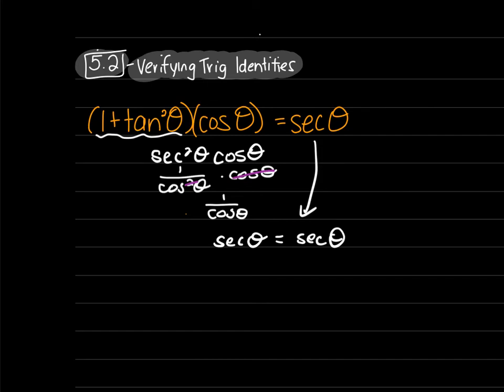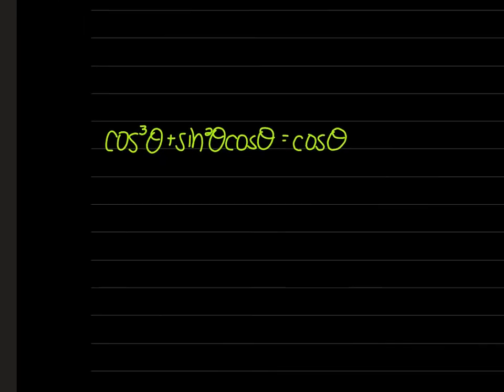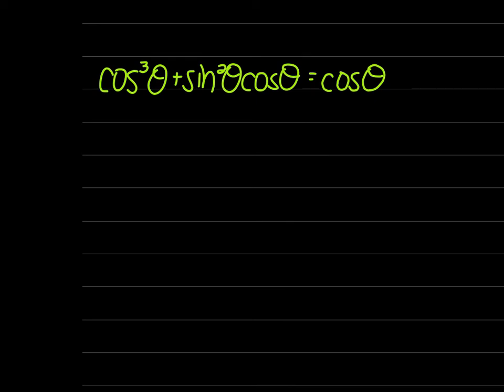Obviously, look for your trig identities first. Okay, how about this one? Cosine to the third plus sine squared times cosine equals cosine. What would you do? Janet. Move the cosine over?